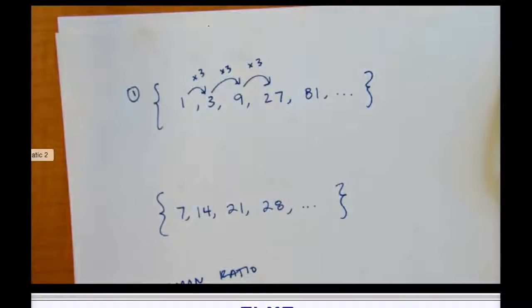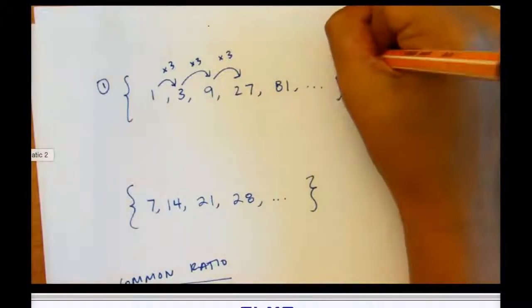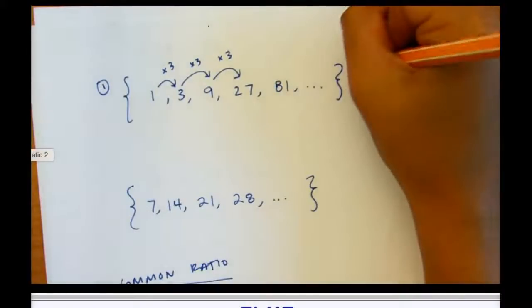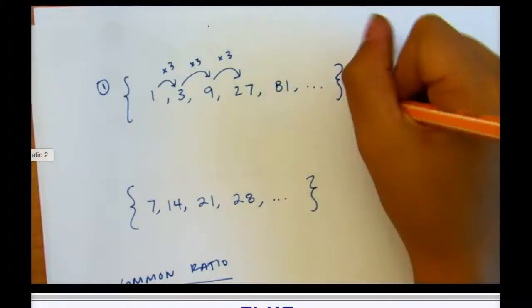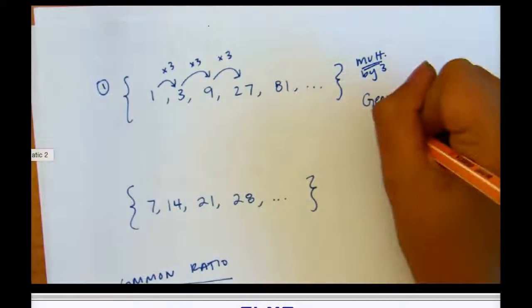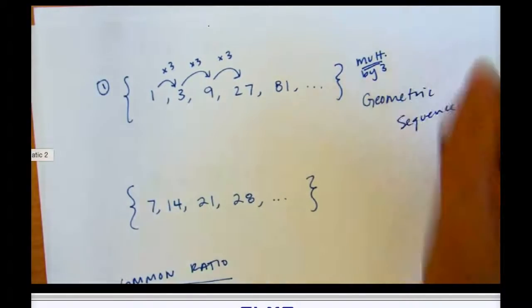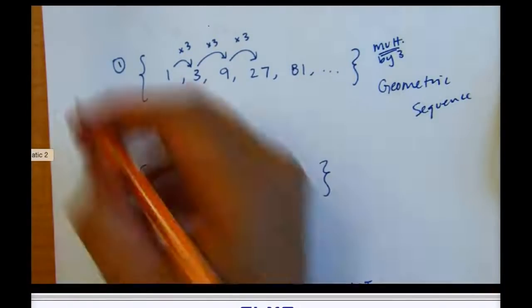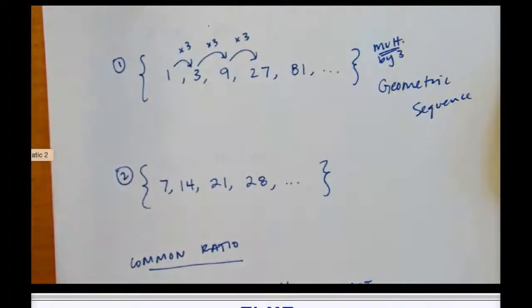So to get from term to term, I am multiplying by 3. Because I'm multiplying to get from term to term, this is a geometric sequence. Looking at this second sequence, take a moment and identify what am I doing to get from term to term.